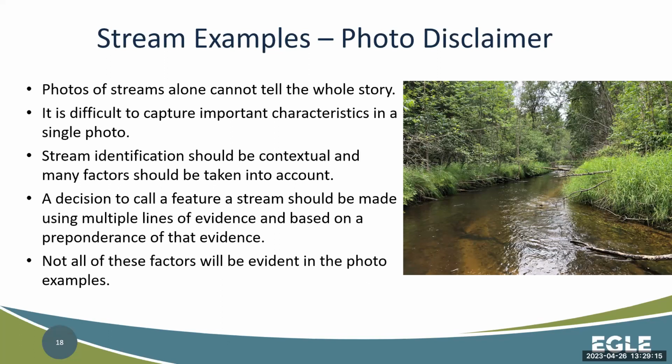Stream identification should be done in the field, and it should be contextual, and many factors should be taken into account. So a decision to call a feature a stream should be made using multiple lines of evidence and based on a preponderance of that evidence. Not all of those factors will be evident in the photo examples.